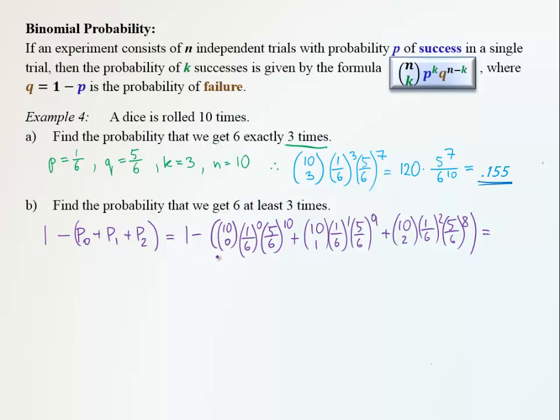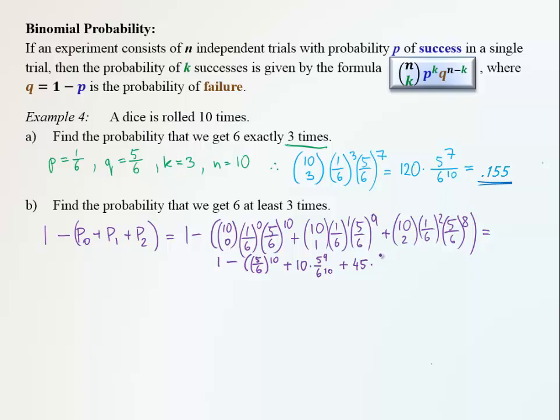So we'll have 1 minus, and in the bracket, this is 1, that's 1, this is 5/6 to the 10. So it's 5/6 to the 10, plus, that's 10, and here we have really 5 to the 9 over 6 to the 10. And the last term, 10 choose 2, you can check that's 45.